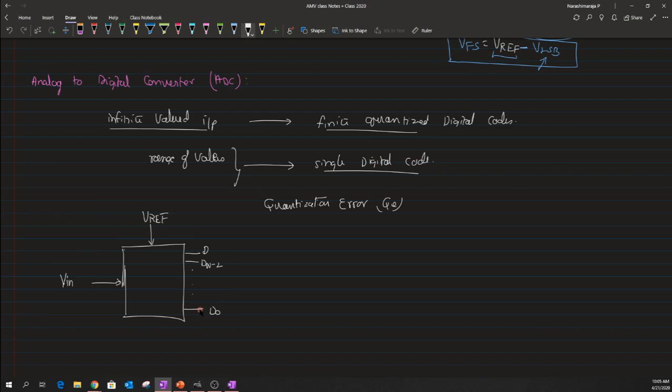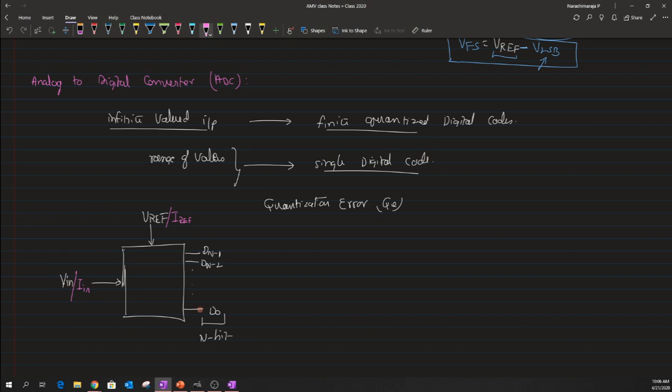All of these bits make an n-bit data appearing at the output. In case we are dealing with an input signal which is current, then the reference source we apply would be a current, and accordingly the data never changes. The mathematical relation between this analog input signal and the digital output will be discussed later when we discuss the architecture.